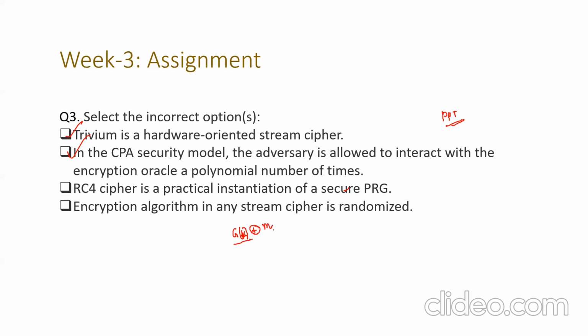And the way you define this stream cipher, it is deterministic for the fixed value of key K. So it's not a randomized algorithm. So, okay. Only the first two options are correct.